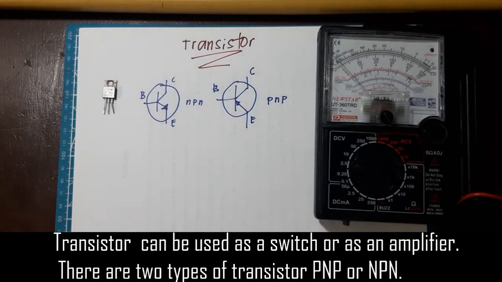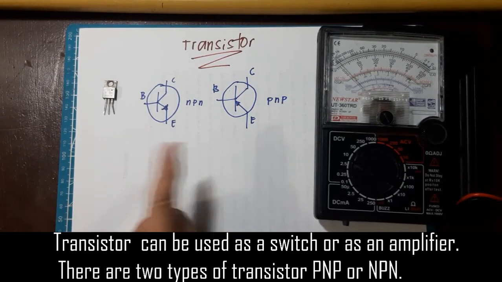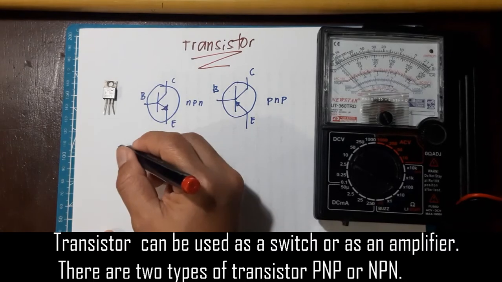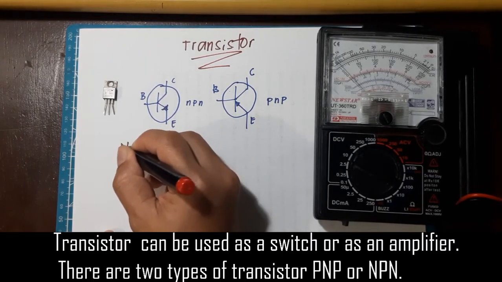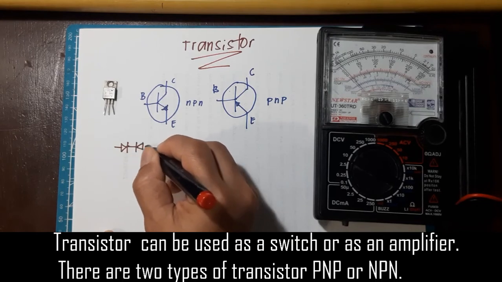Now, in order to analyze the way a transistor behaves, we can think about two diodes interconnected. Let's say for example my diode is connected like this, and another diode like this.